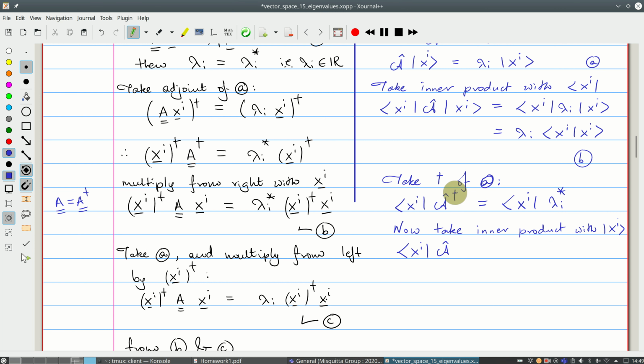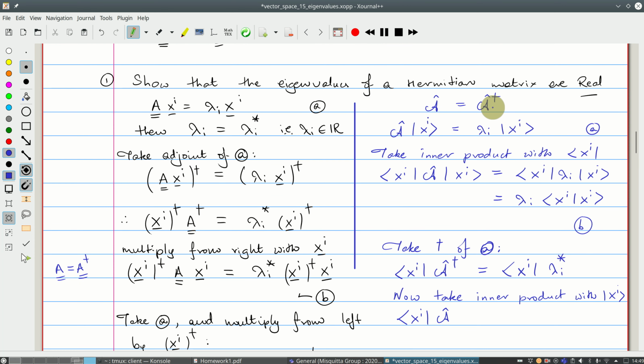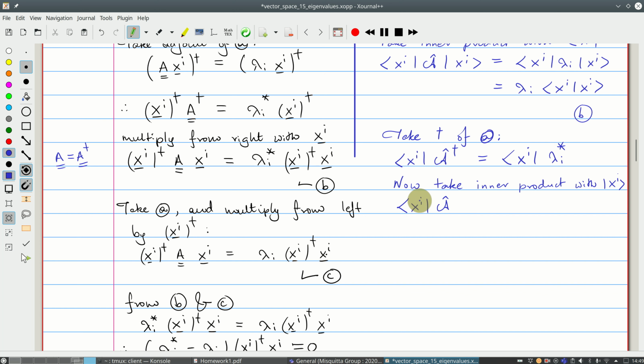Look at this, there's a dagger there, but we know, because this is a Hermitian operator, that A dagger is equal to A. So we drop the dagger.